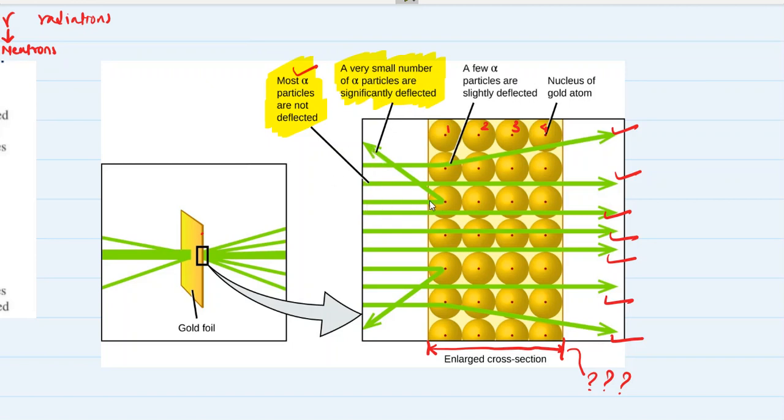They come and they get deflected by an angle which is more than 180 degrees, almost 360 degrees. They just make a U-turn, but they were very small in number. Very few alpha particles got deflected by a significant angle, and a few alpha particles, the third observation, are slightly deflected. Only a little deflection was produced.